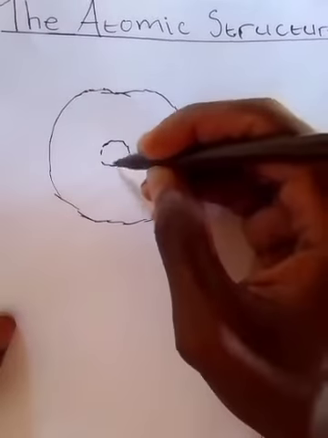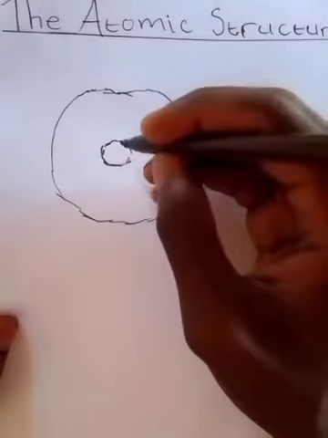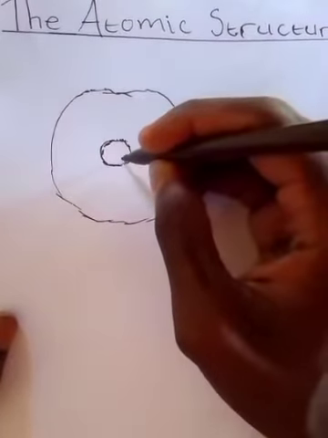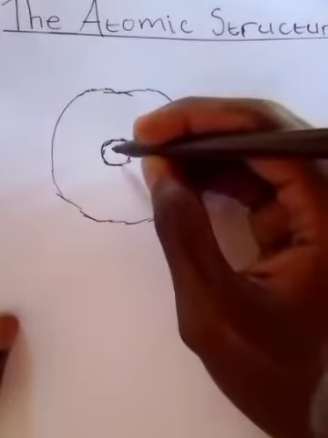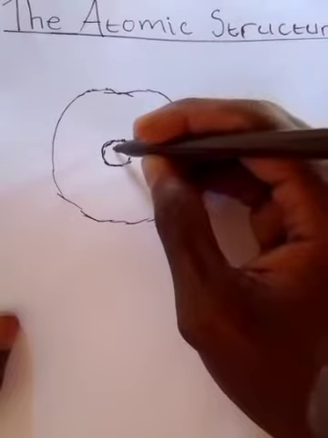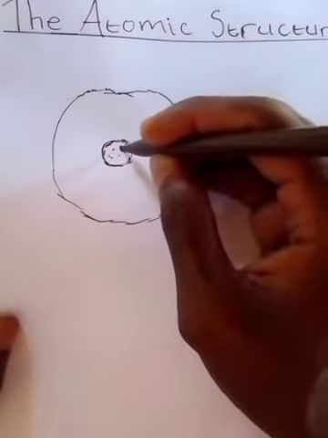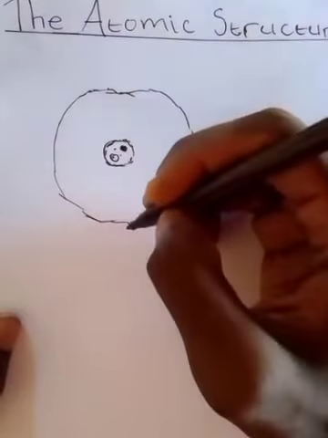Okay, so here at the center, there are two types of particles that are found inside. Let's say this is one type and the other one is the second type.